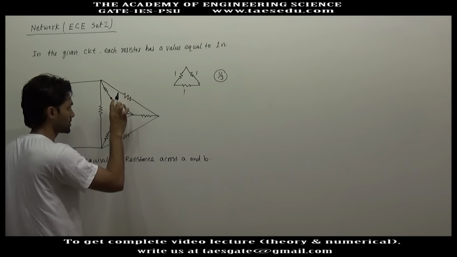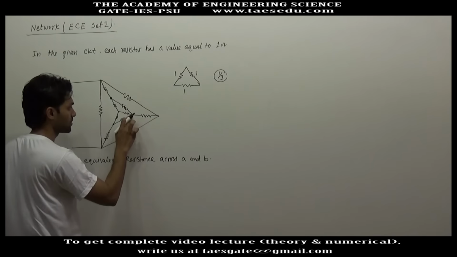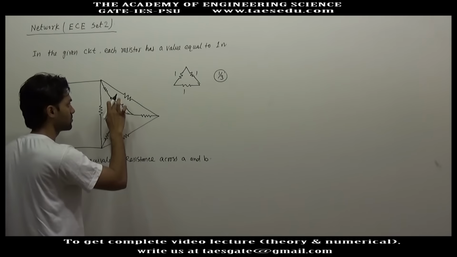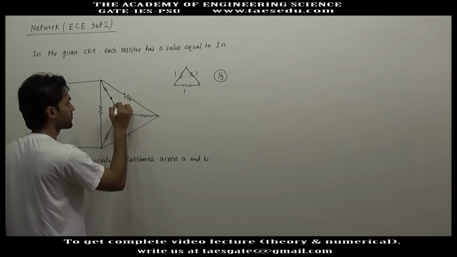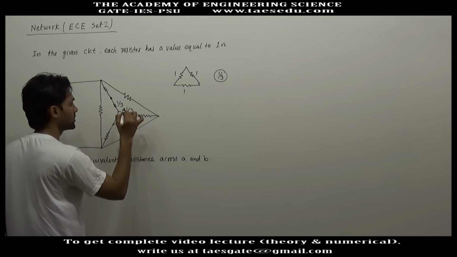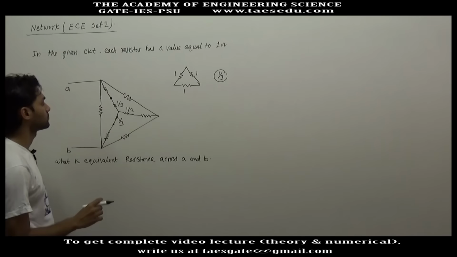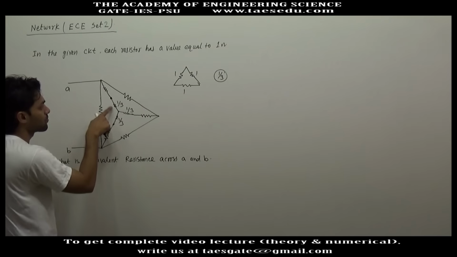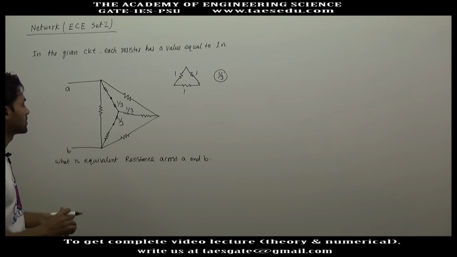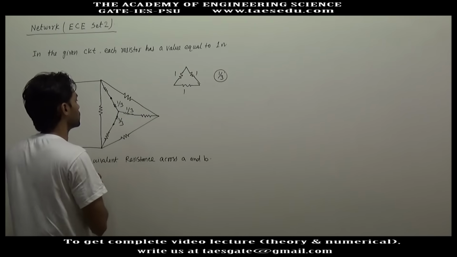So let us erase it. The delta is converted into star, and now each resistance will be 1 by 3, 1 by 3 and 1 by 3. Now this is 1 ohm and 1 by 3 ohm in series, so this will be 4 by 3 ohm.